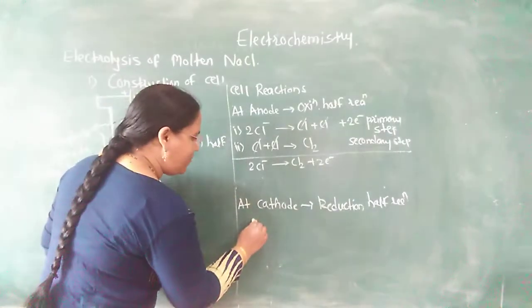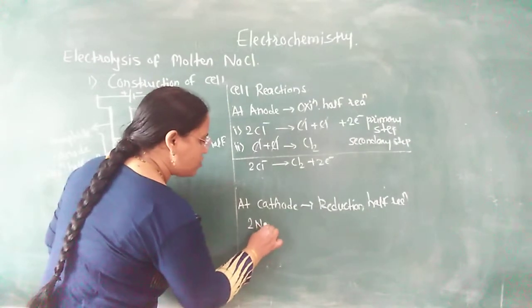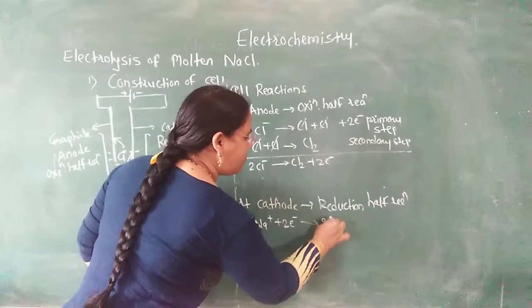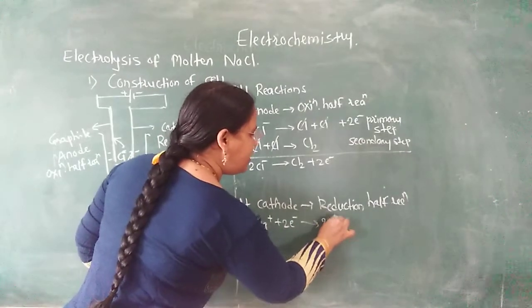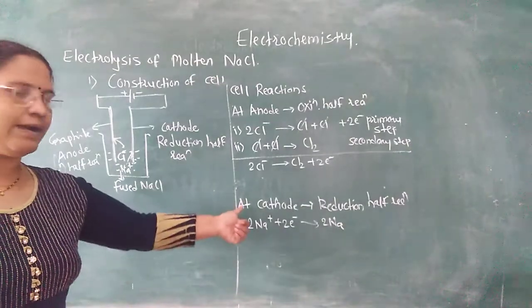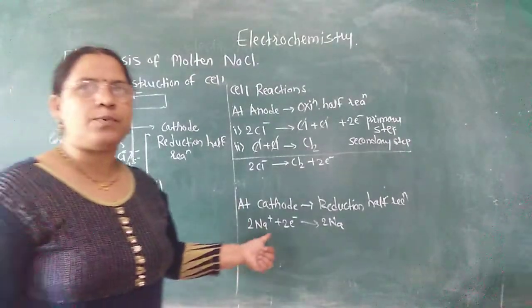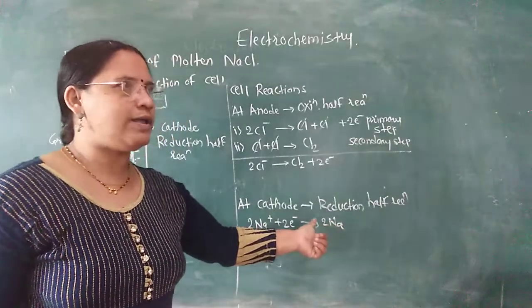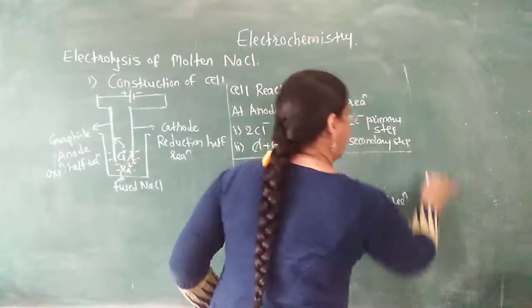So, for a balanced equation, 2Na+ ions gain 2 electrons and are converted to silvery white sodium metal. Silvery white sodium metal is obtained at the cathode. This is the reduction reaction which occurs at the cathode.